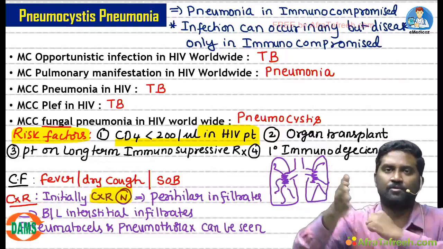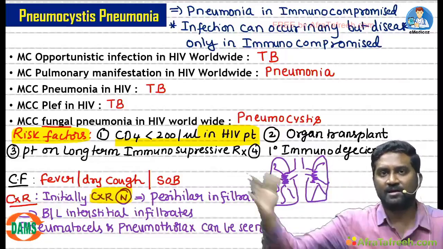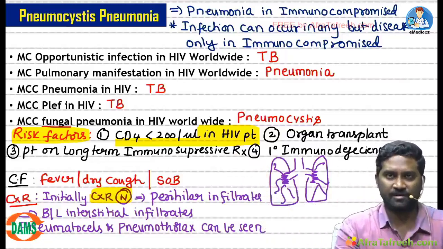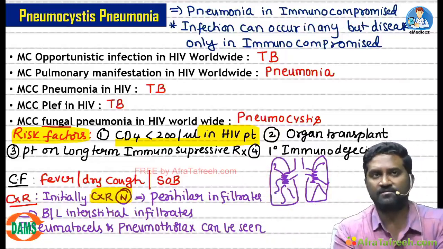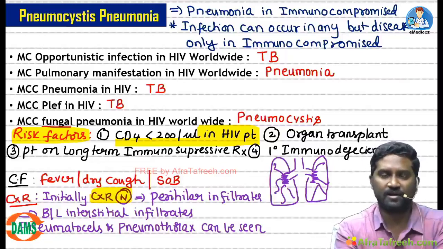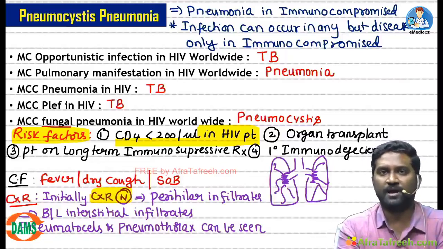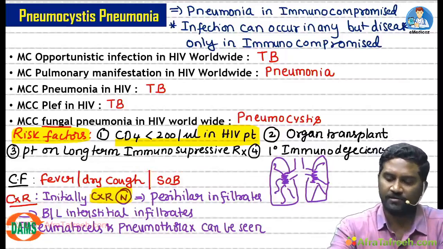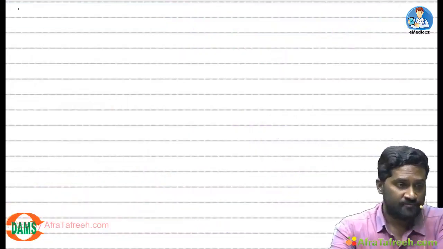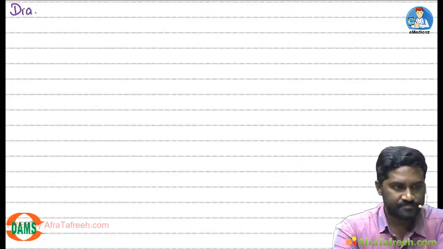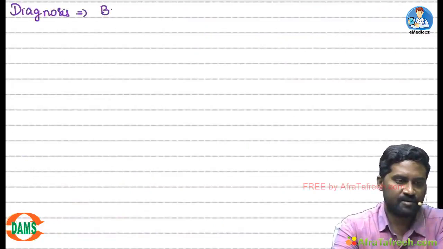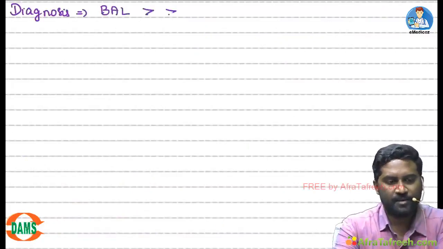This saline goes into the alveoli, hits the alveolar walls and brings out the organisms. So for diagnosis of pneumocystis pneumonia, the most important sample is BAL when compared to routine sputum.